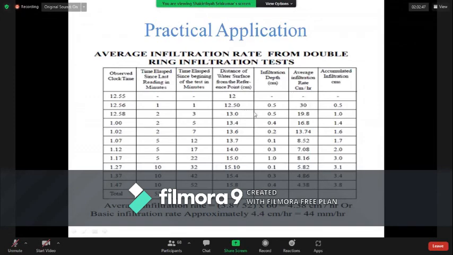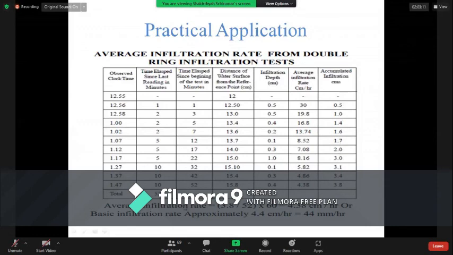So the difference is again 0.5. Likewise, you can get the infiltration depth. Then accumulated infiltration, for the first row, you can directly put 0.5. Then 0.5 plus 0.5, it's 1. So likewise, accumulated infiltration is here.